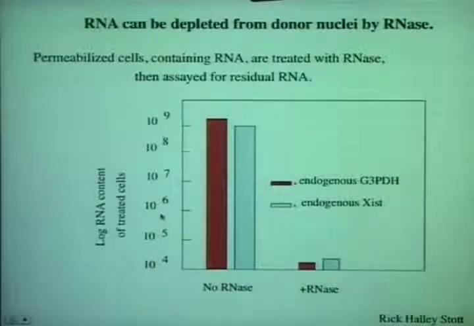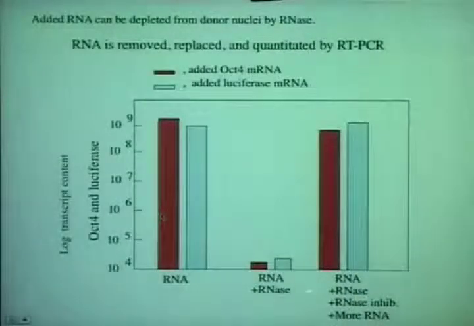But before doing that, we found that you can add RNA back again to these RNA-depleted nuclei, and that now persists. It really says that you have successfully removed the RNAs. Otherwise, of course, the experiment couldn't possibly work. So you have RNA-depleted nuclei which are able to be tested.